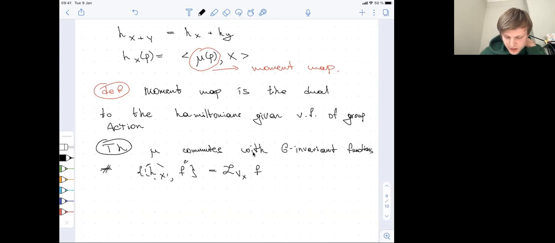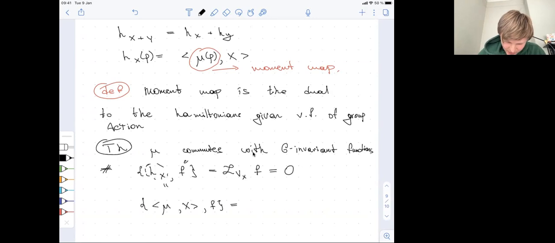But since f is G-invariant, it's 0. On the other hand, we know that h of X is given by the pairing of the moment map with the element of the Lie algebra X. And this element, in a sense, is a constant, it's an arbitrary element.